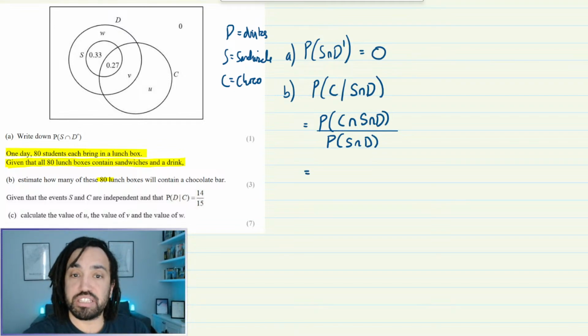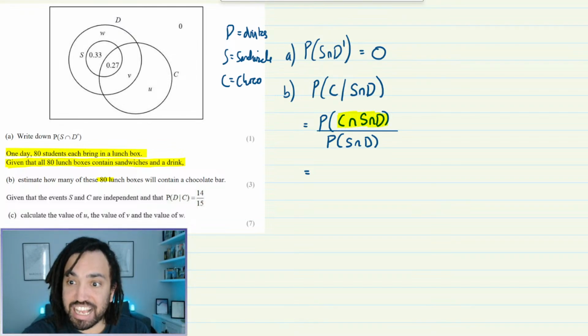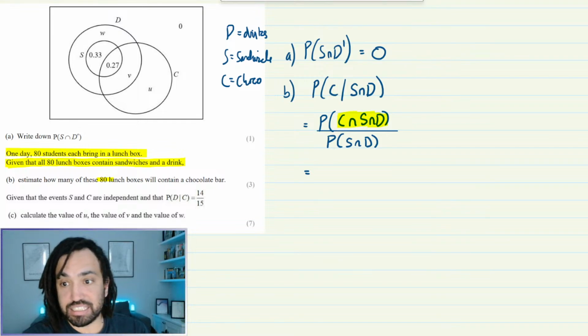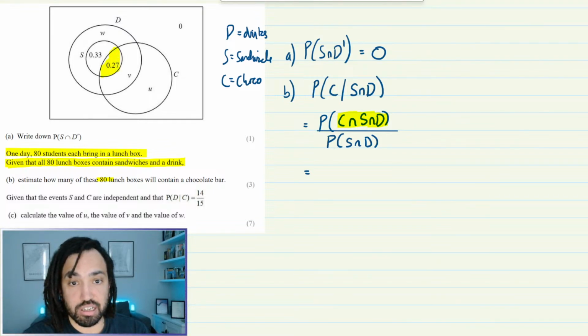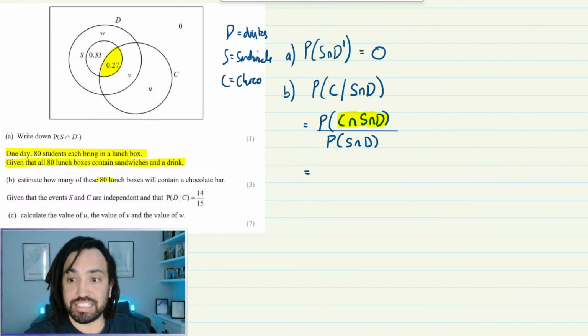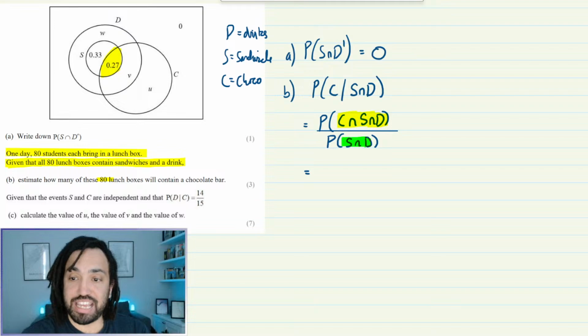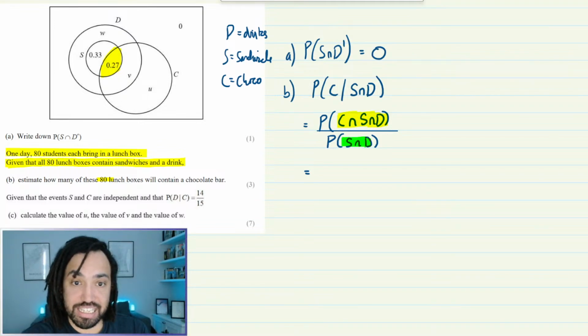So let's try and figure this out by drawing it on, colouring it in. So C and S and D. Where's C and S and D? It must be these guys, right? They're the only people that are in S, C and D. And that's over this one, which is S and D, which is all of this.